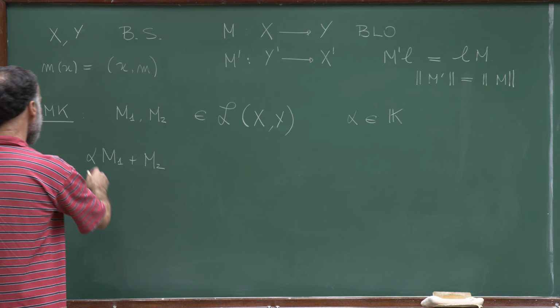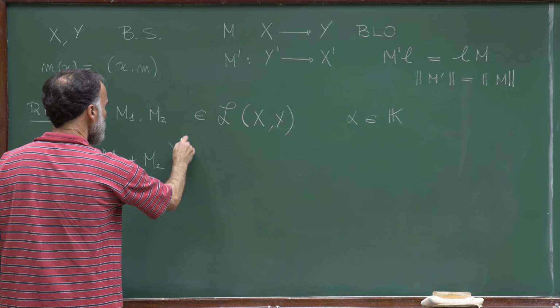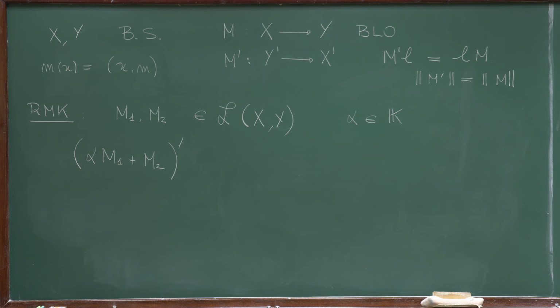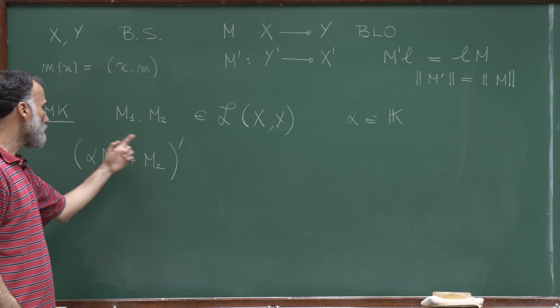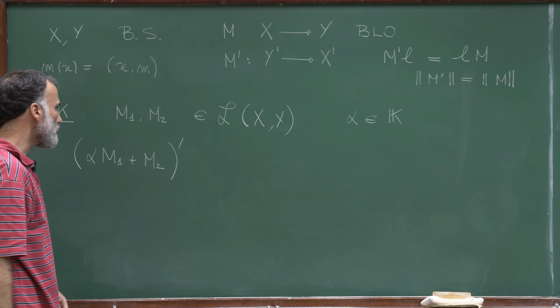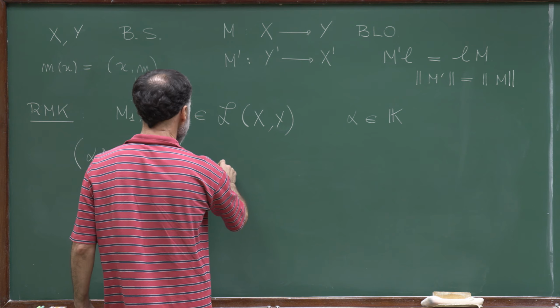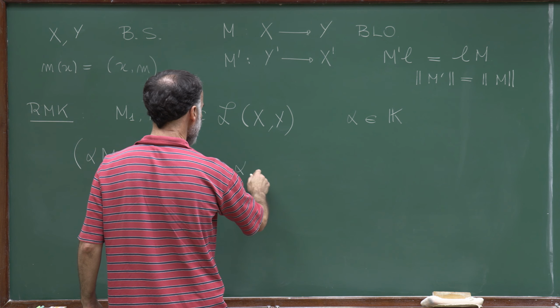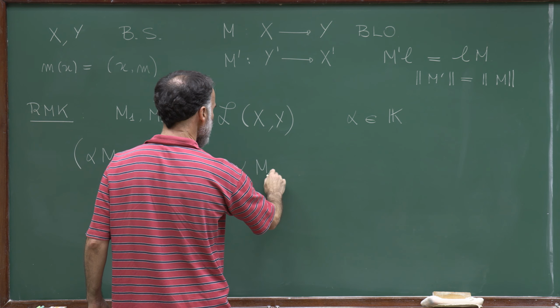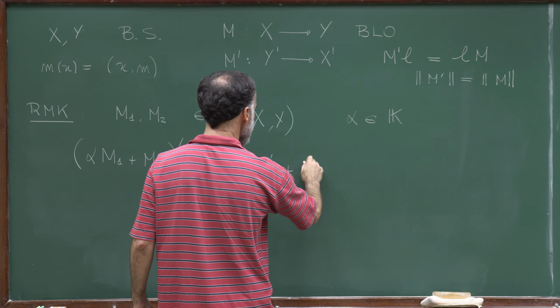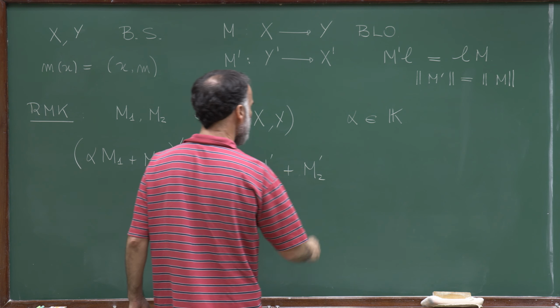So it makes sense to consider the conjugate, the transpose of this bounded linear operator. And what I claim is that this transpose is actually alpha times the transpose of m1 plus m2 prime.